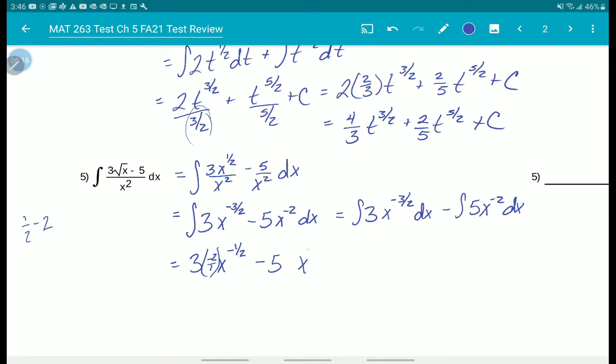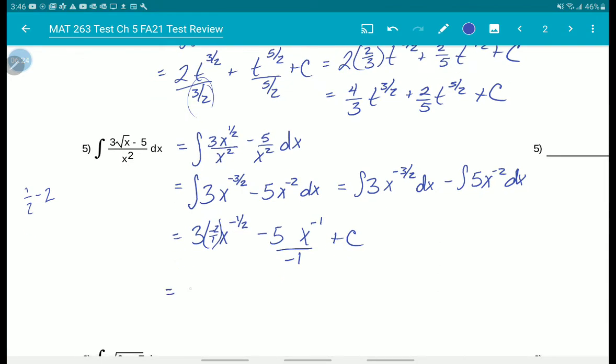I'm going to add 1 to the exponent and divide by the new exponent. And then plus c. So we're going to have -6 x to the -1/2 plus 5x to the -1 plus c. Now I am going to simplify that just a little bit more, make it look nicer.